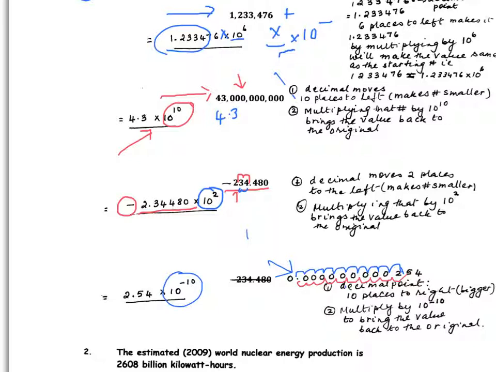So moving the decimal point to the right and then moving it back again to the left the exact number of places keeps the number unchanged. So the scientific notation for that really small number is 2.54 times 10 to the negative 10. So small numbers between 0 and 1 have a negative exponent.